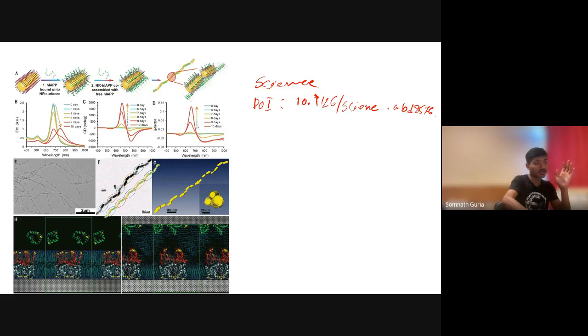With the conclusion, they found there is some helical kind of structure forming over there, and that actually induces the plasmonic particle to increase the CD activity in that system where an excess amount of peptide is present.